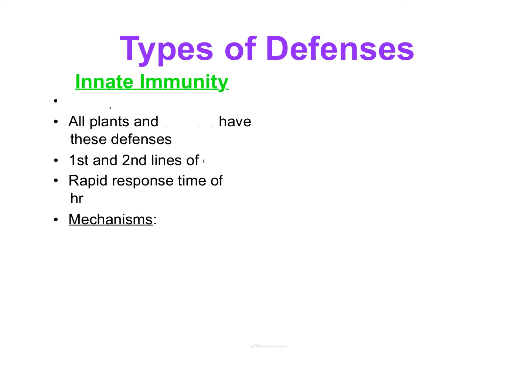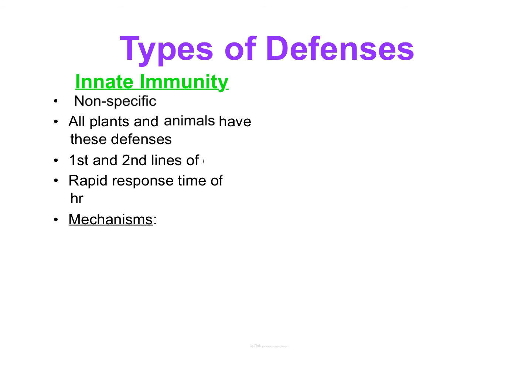We're going to talk about two different types of immunity, but first is called innate immunity. It is special because it is non-specific. So it's going to react the same regardless of what type of thing is infecting you. Both plants and our animal cells have these types of non-specific defenses.